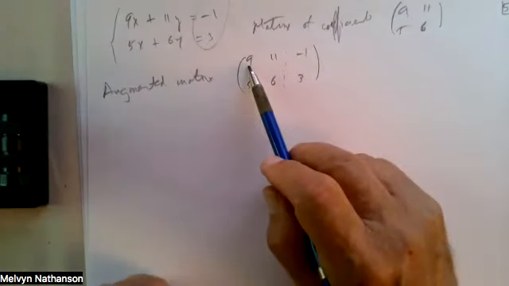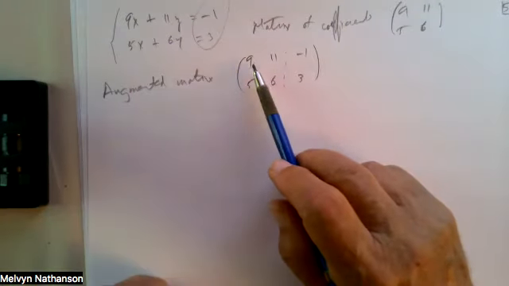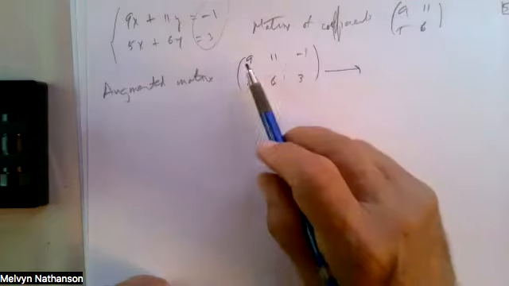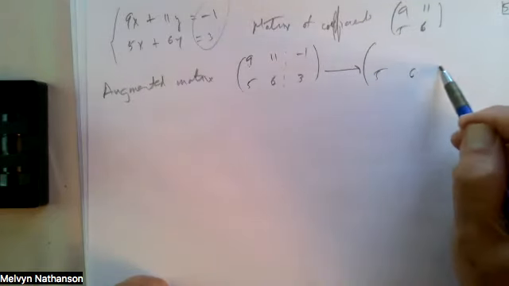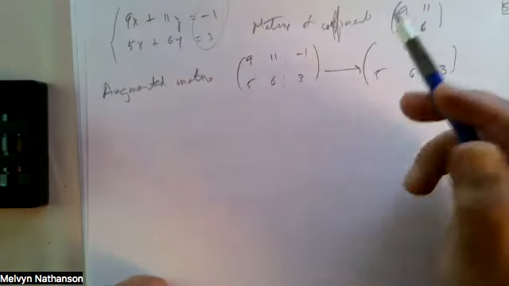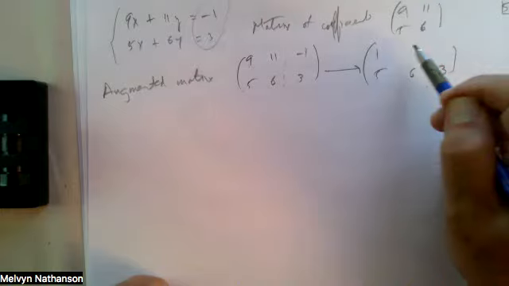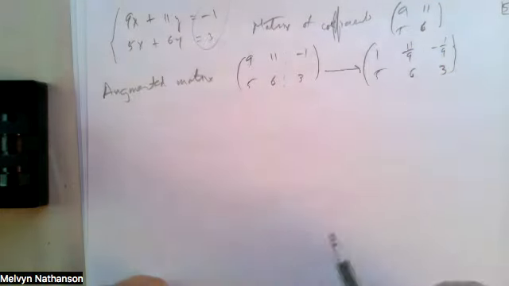So that's what I'm going to do. I want to put this matrix in reduced row echelon form. So the first non-zero number in a row has to be a 1. Here, it's not a 1, it's a 9. So what can I do to make this a 1? I leave the second row the way it is, but I multiply the first row by a 9th. I get 1, 11 over 9, minus 1 over 9. Now I have a 1 here.